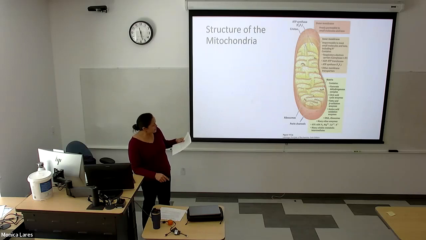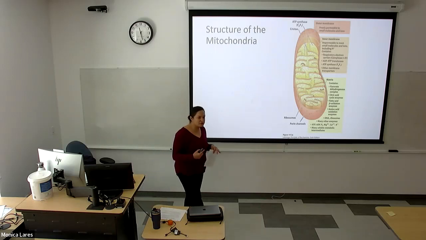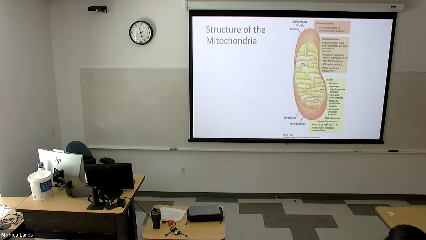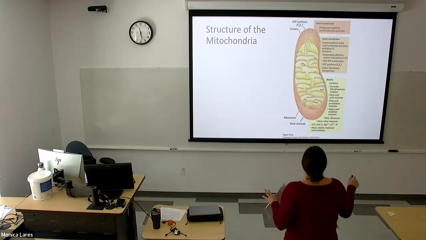Let's look at the structure of mitochondria. We've talked about mitochondria a little bit. We've seen pyruvate get transported into the mitochondria when we looked at gluconeogenesis. And we'll start talking about the mitochondria more and more when we get into the electron transport chain and oxidative phosphorylation, but it's important for fats as well. So just a reminder, maybe you already know this from some other class, but just so we're all on the same page, the mitochondria has an outer membrane.